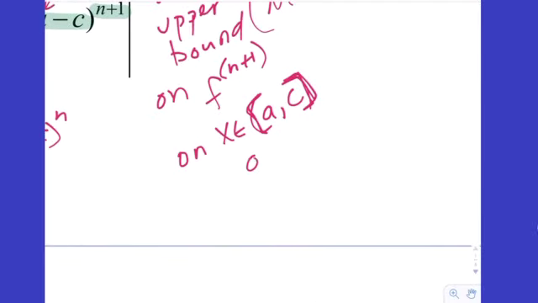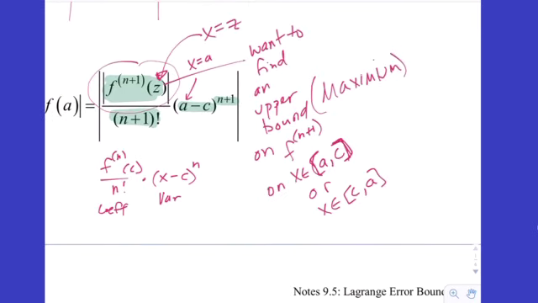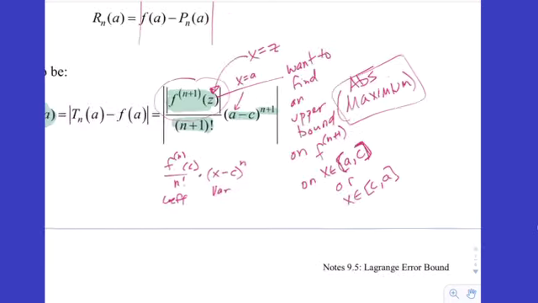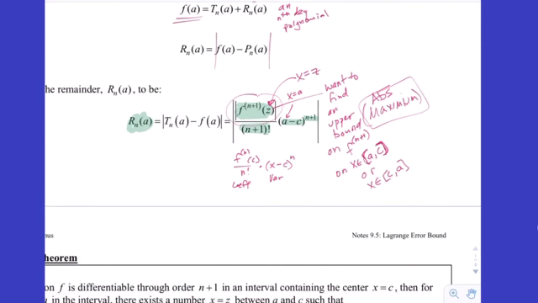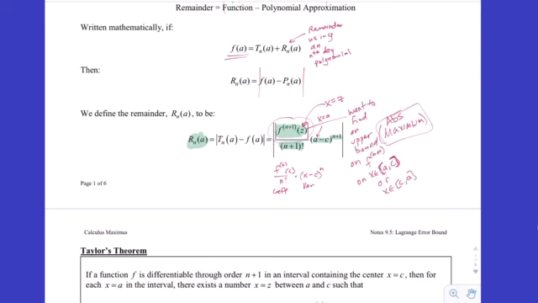And it doesn't even have to be in this order. It could also be like this, okay? The value of x that we're approximating at could be to the left or to the right of the center. All right? So what this comes down to now is finding the absolute maximum, which is kind of optimization. We're trying to maximize the n plus first derivative on the interval between the center and the value of x we're approximating at. If we do that, then we can come up with what's called the Lagrange error bound.